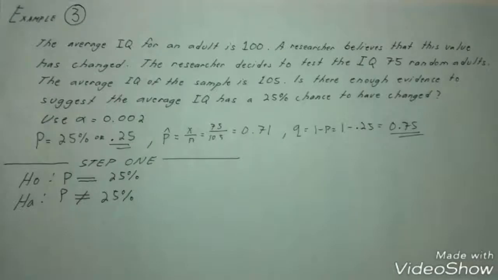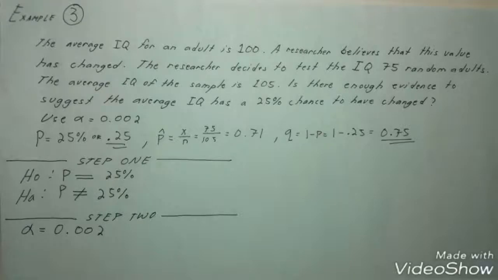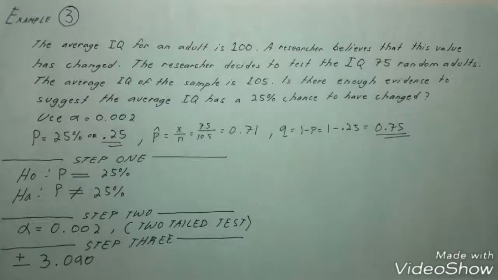Now, we shall begin the steps of hypothesis testing, beginning from step 1. Step 1. H0, P is equal to 25%, and then HA, P is not equal to 25%. In step 2, I write alpha is equal to 0.002, and I identify this question as a two-tailed test. Step 3.